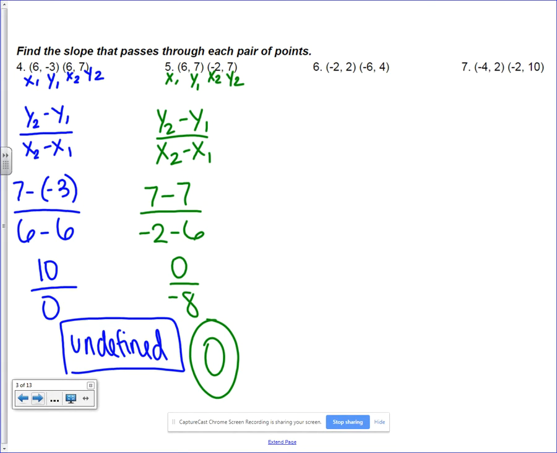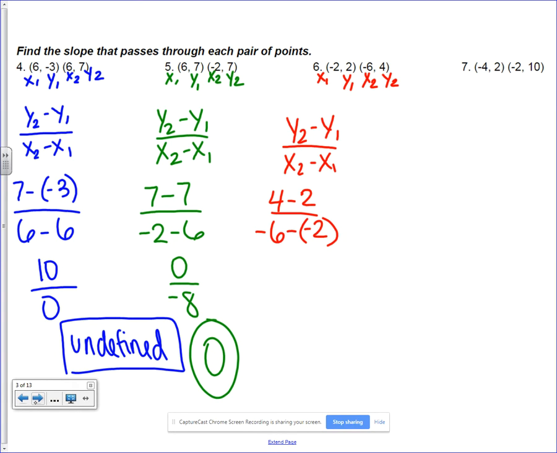Okay, let's try another one. Label your points, please. Hold on. I'm not done labeling my points. Writing down my formula. All right, now I'm ready. y2 minus y1. No. Just 4 minus 2. Over, what about my bottom? Negative 6 minus a negative 2. You have to be super careful with your minus signs, folks.